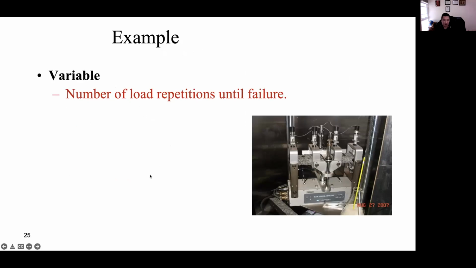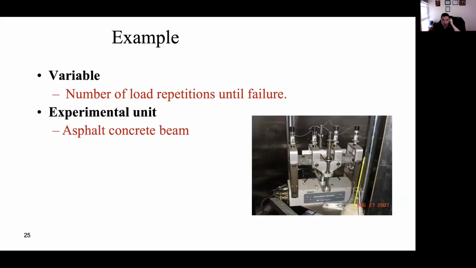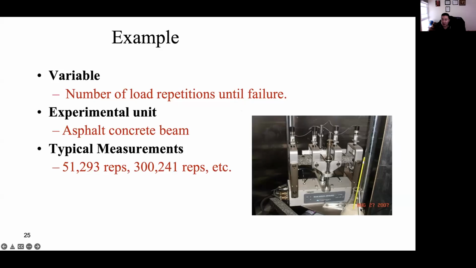The variable in this example will be the number of load repetitions, how many different cycles of load until the beam fails or cracks. The experimental unit will be the asphalt concrete beam. And a typical measurement will be like the beam cracks after 51,000 repetitions.